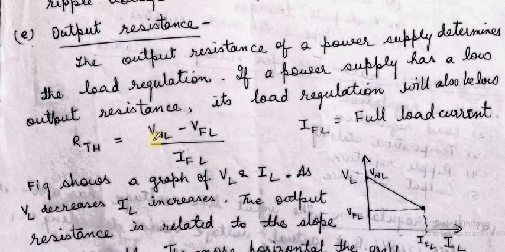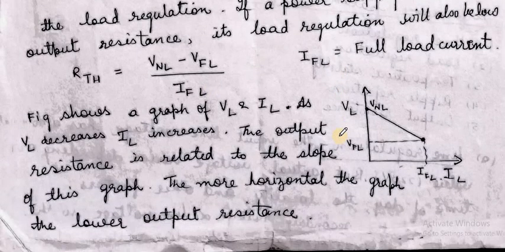We have already defined VNL and VFL. IFL represents the full load current. You can see from the diagram, if we plot a graph between VL and IL, as VL decreases, IL keeps on increasing. The output resistance is related to the slope of this graph.